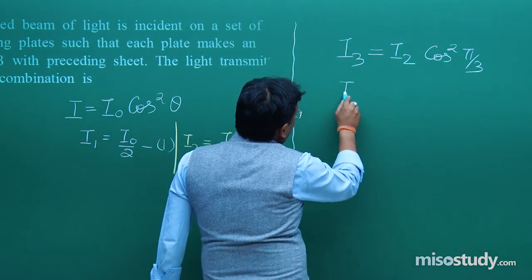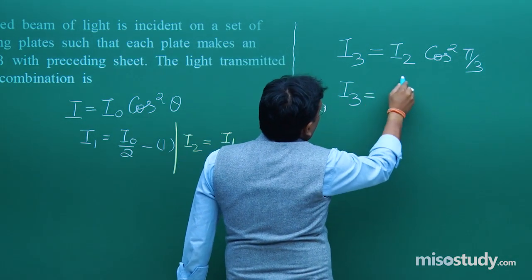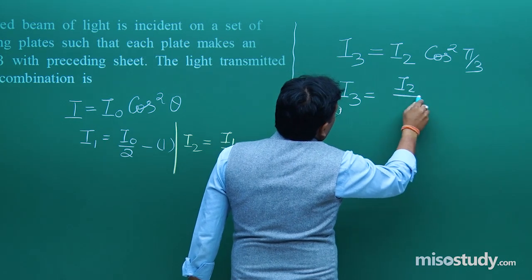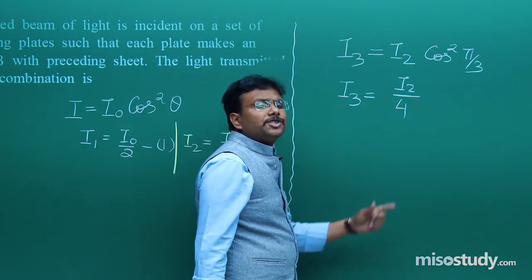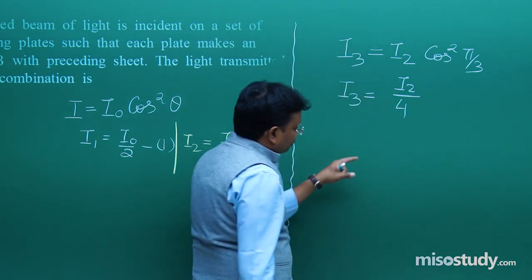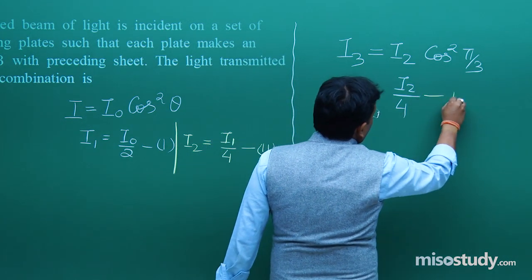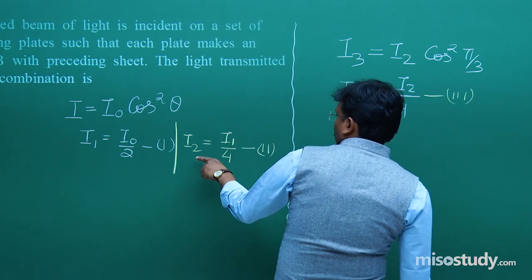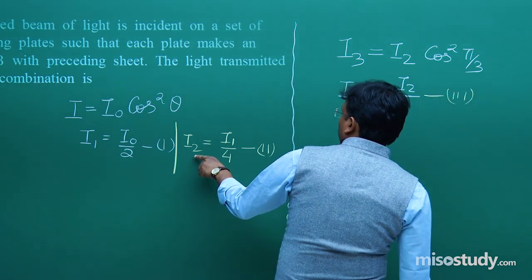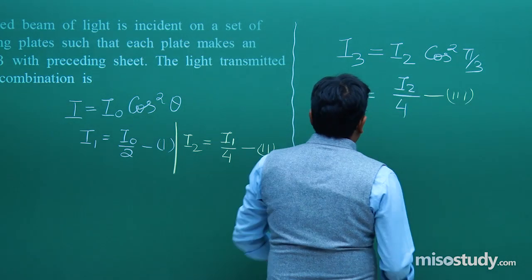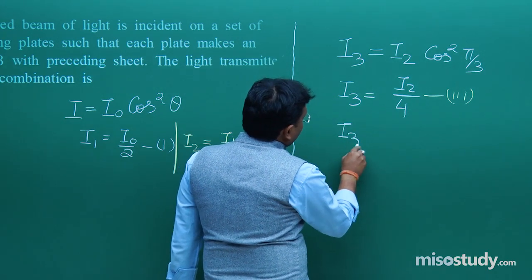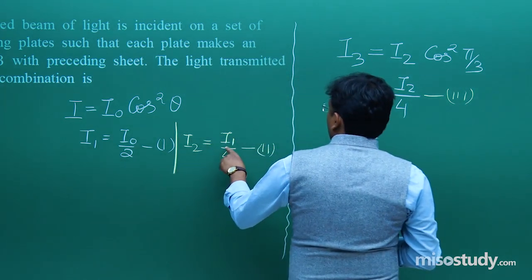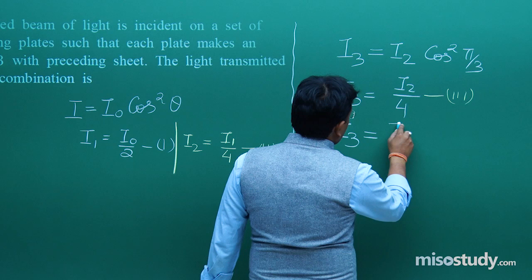So you can say I3 is equal to I2 by 4, equation number 3. Fine. Now here you can do one thing. Use the value of I2 over here. So I3 will be I1 by 16.